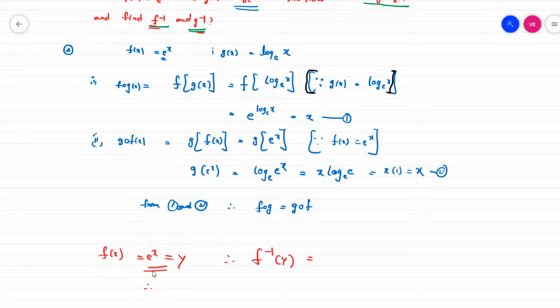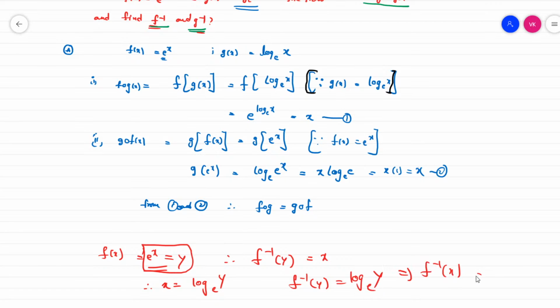We write this expression in log form: x is equal to log y with base e. So f inverse of y is equal to log y base e, which implies f inverse of x is equal to log base e of x, putting x in the y place.